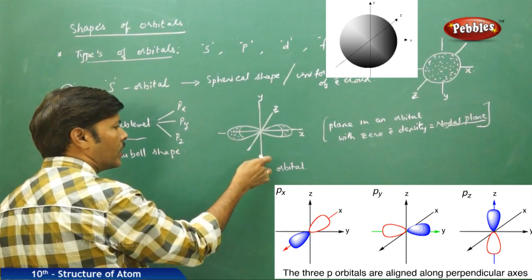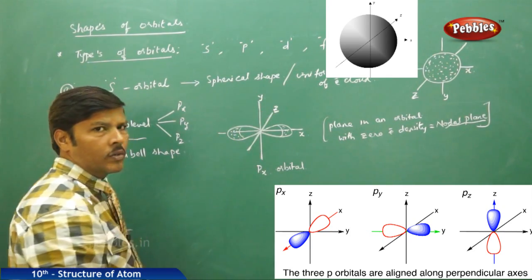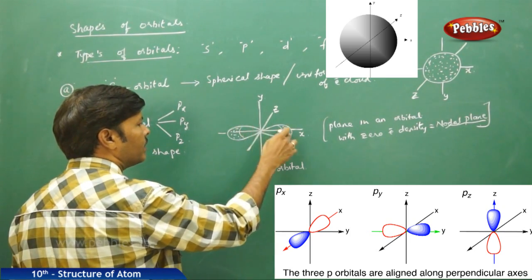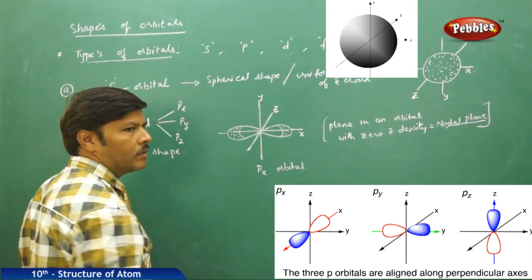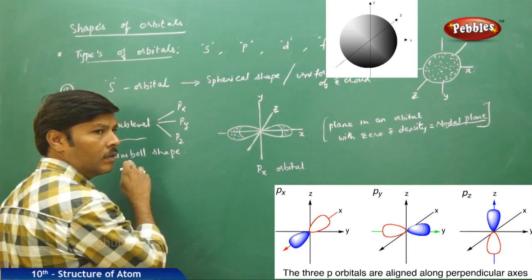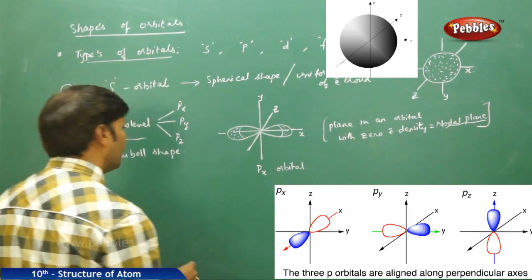However, the electron density is there in the x-axis, along the 2 lobes. The 2 lobes join together to form a dumbbell, and this dumbbell is oriented along the x-axis. This is the shape of the px orbital.